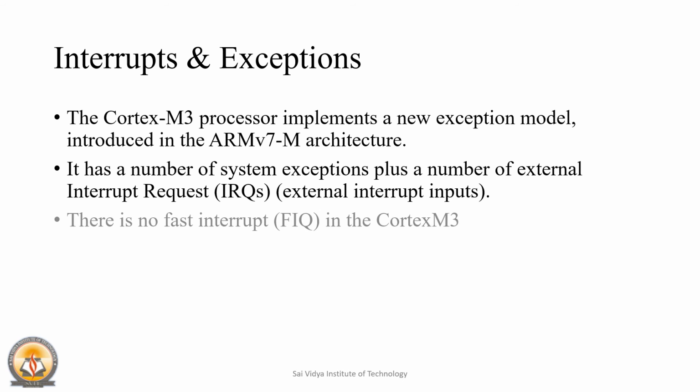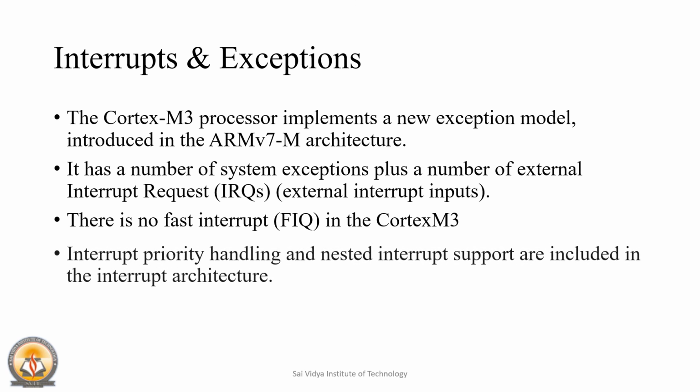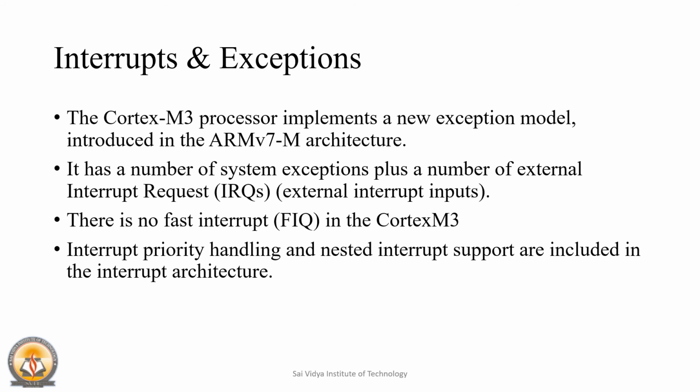There are no fast interrupts, or FIQs, which were present in the previous versions of ARM, in this particular Cortex-M3. However, the interrupt priority handling and the nested interrupt support are now included in the interrupt architecture. Therefore, it is easy to set up a system that supports nested interrupts.